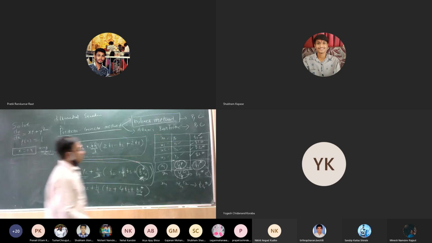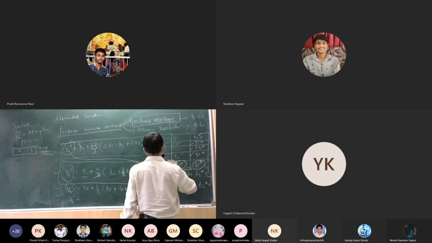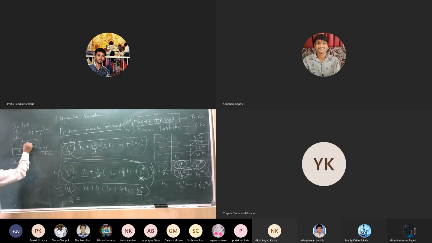Okay, so we need to create this particular table first. Right here, obviously x0 value would be 0, then y0 value would be 1. x1 is 0.1, that means we can take an increment of 0.1. x2 is 0.2, x3 value 0.3, x4 value 0.4.